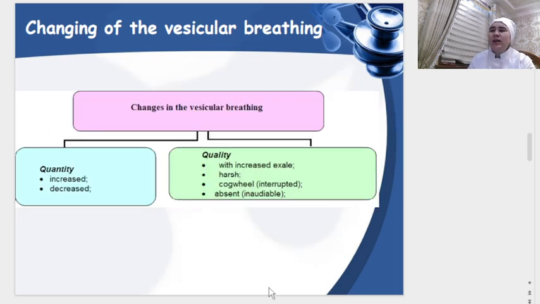Changes in the vesicular breathing can be according to quantity, then according to quality. According to quantity, it can be increased or decreased. According to quality, it can be with increased exhale, harsh sound, cogwheel or interrupted sound, and absent or inaudible sound.